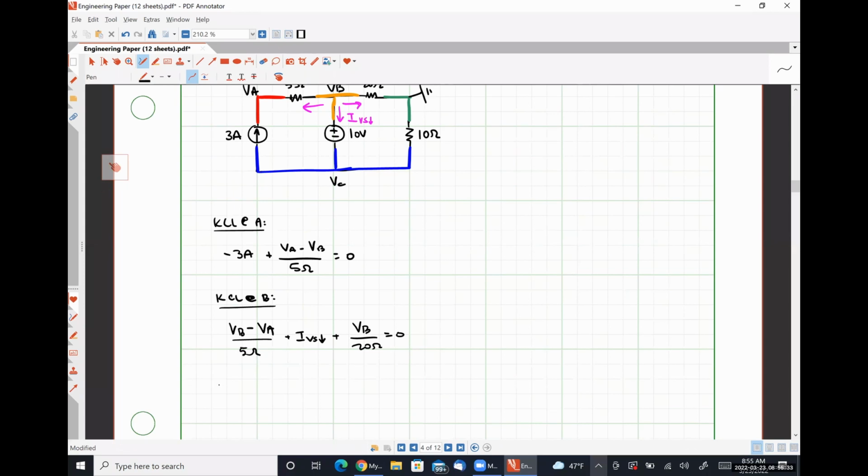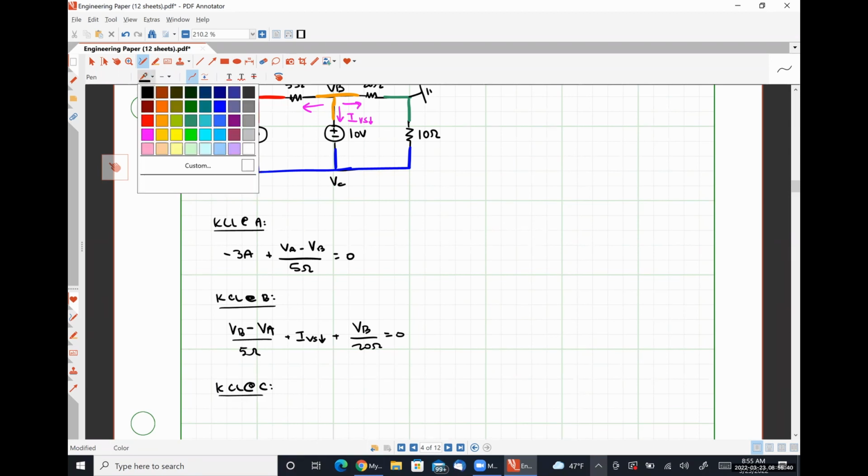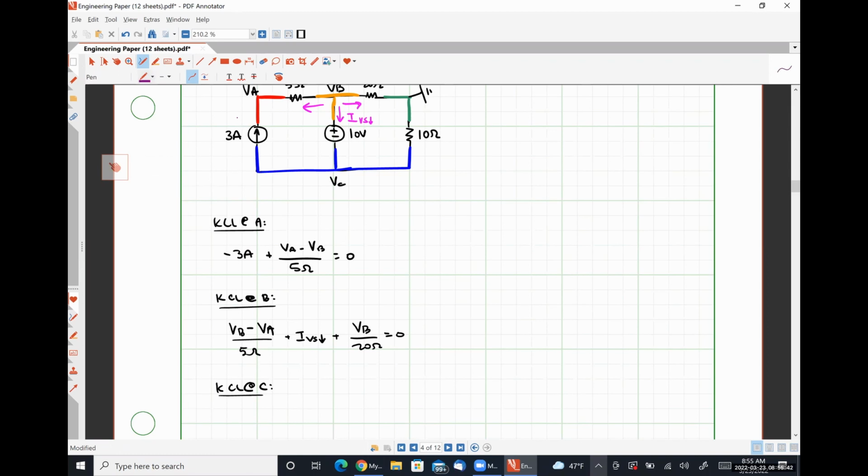When I apply KCL at node C, I'm going to run into a very similar problem, right? So I'm going to have this current flowing to the left, which is obviously just 3 amps. This current flowing to the right, which is just going to be VC over 10 ohms.